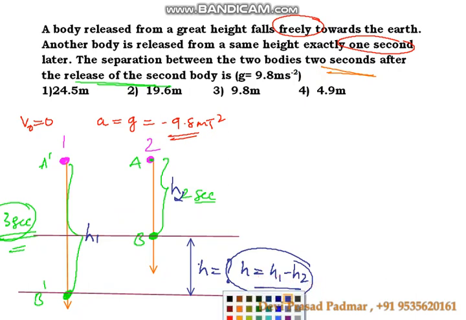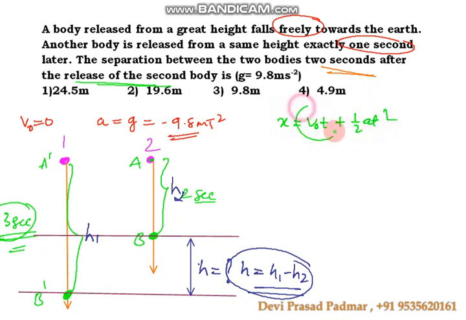We can make use of our general expression, x equal to v naught t plus half a t square. Here v naught is 0, so x equal to half a t square. Apply this for first body. Let it be h1 for first body.